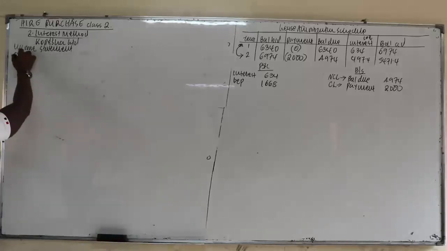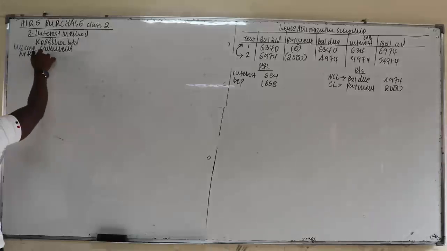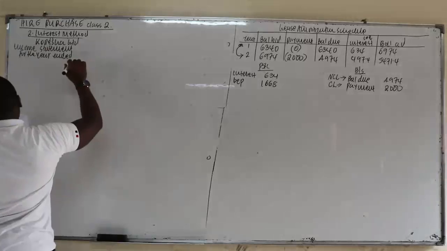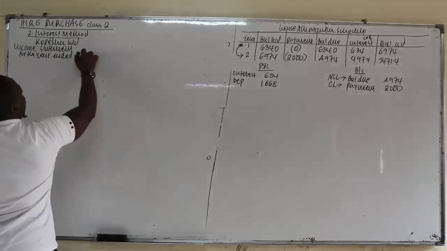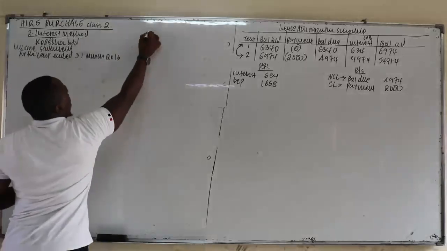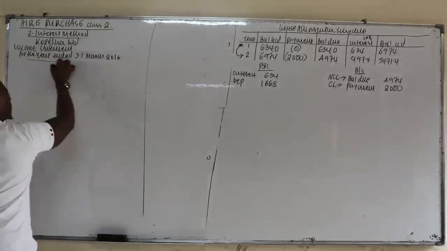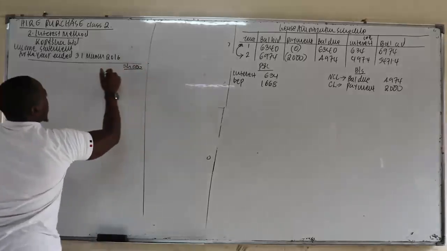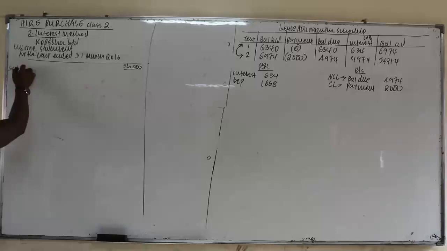The income statement for the year ended 31st of March 2016. Sharing 7,000. So we start with the sales. How much were the sales?